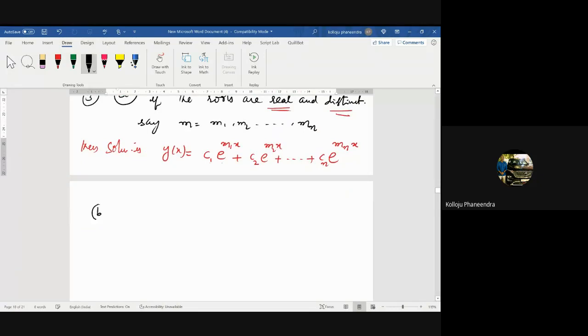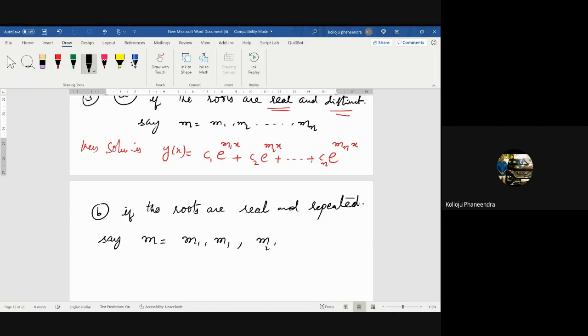Now, in the second case, if the roots are real and repeated, say, the choice is yours, I will take m1 repeated 2 times, m2 repeated 3 times, and others are non-repeated.